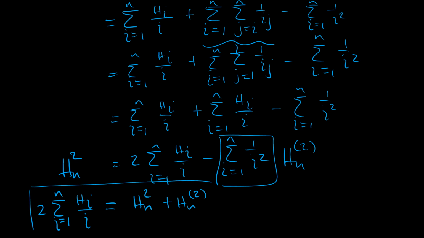This is important for us because what we had seen previously was that our problem J of n was equal to 2 over n times the summation of Hk over k, from k equals 1 to n.